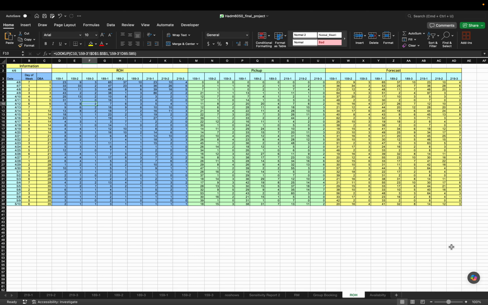ROH, input and forecasting. This should take our historical reservations and build ROH, pickup and forecast by rates and length of stay for each arrival date. This is the demand forecast that feeds the optimization model.